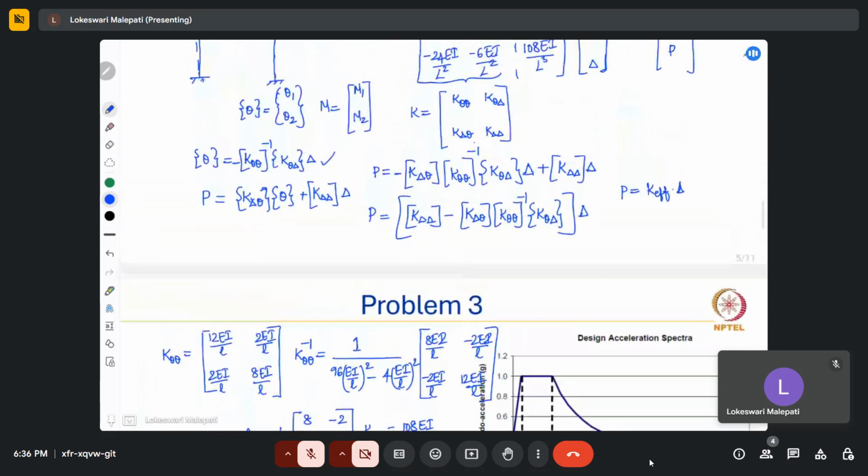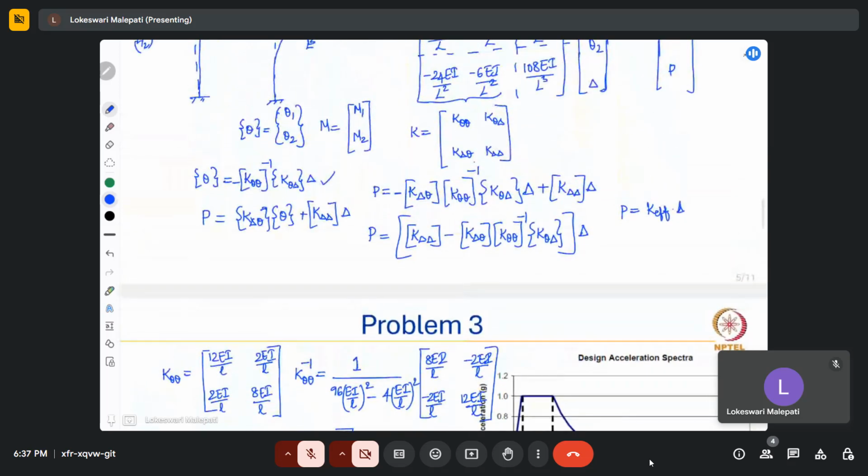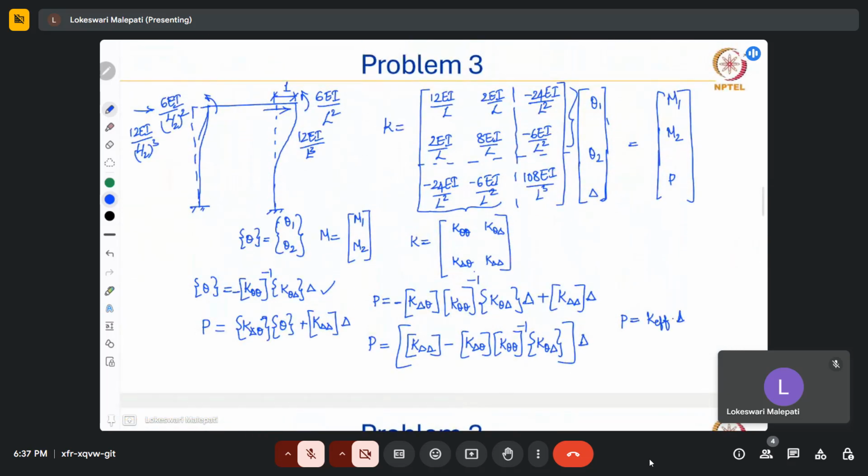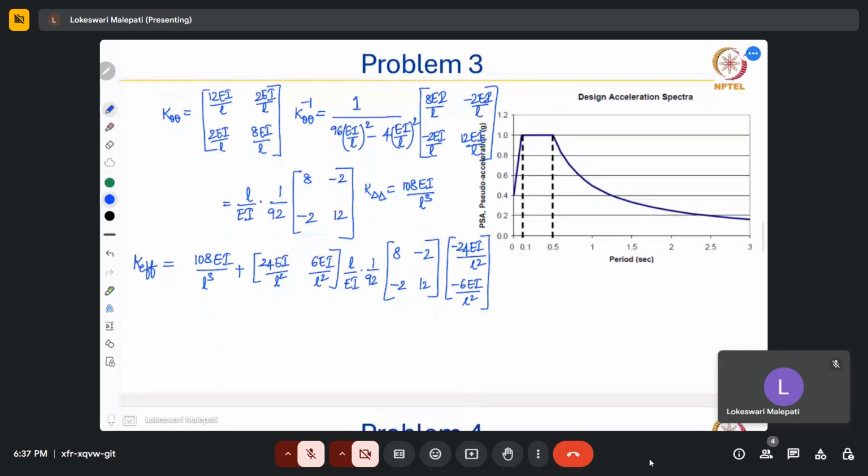So this is multiplied by k theta theta inverse, which is L by EI multiplied by 1 by 92, 8 minus 2 minus 2, 12, and k theta delta is this column vector, which is minus 24 EI by L square and minus 6 EI by L square. So try to simplify this and tell me the simplified expression that you're getting.